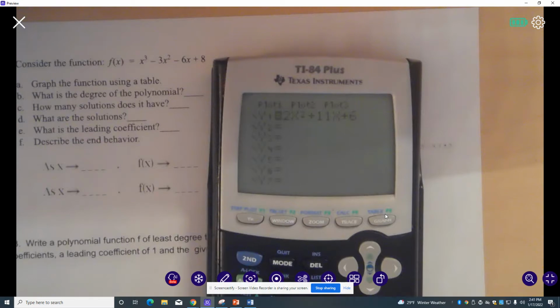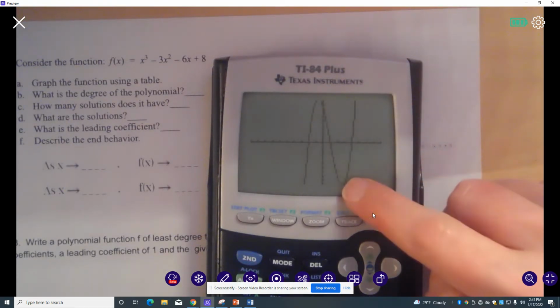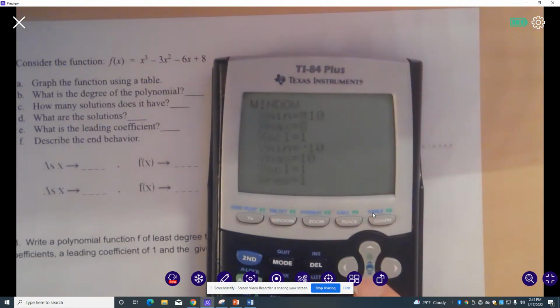So I'm going to go ahead and into my y equals, I'm going to type this function. Okay. I'm going to graph it. I might have to adjust my window. Yeah, I can't quite see these local maximums and minimums, so I'm going to zoom out a little bit.